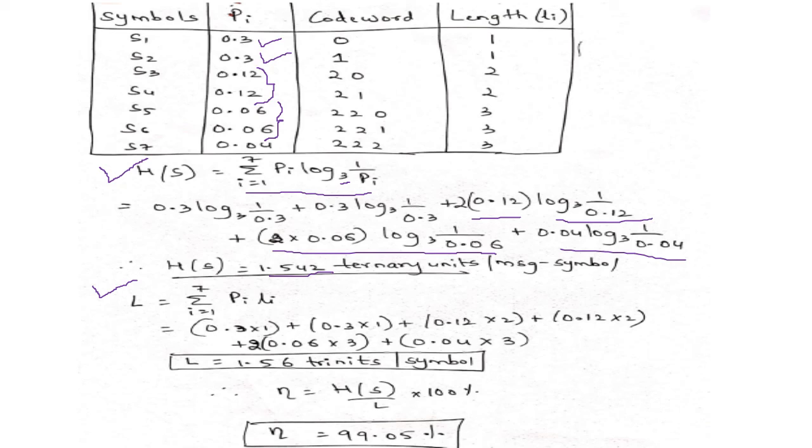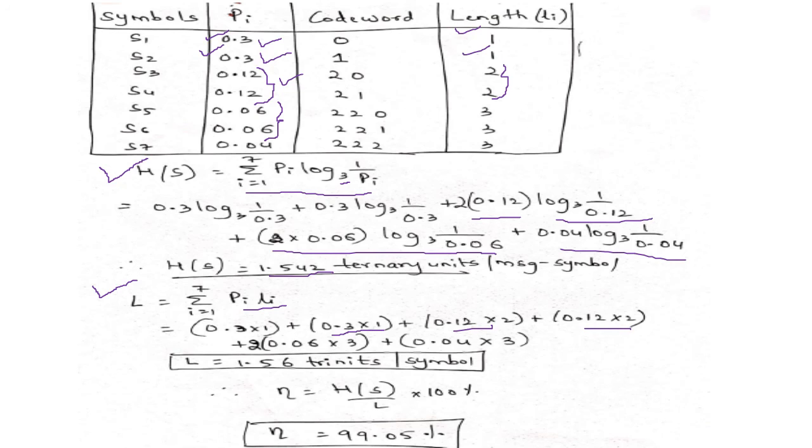and the average code word length is given by probability into its corresponding length. So 0.3 and length is 1. Similarly next one is also 0.3 and length is 1. For the next two, it is 0.12 and length is 2. So 0.12 into 2, 0.12 into 2.